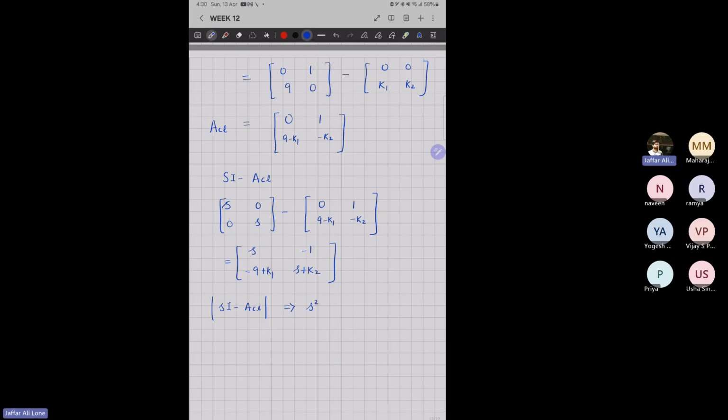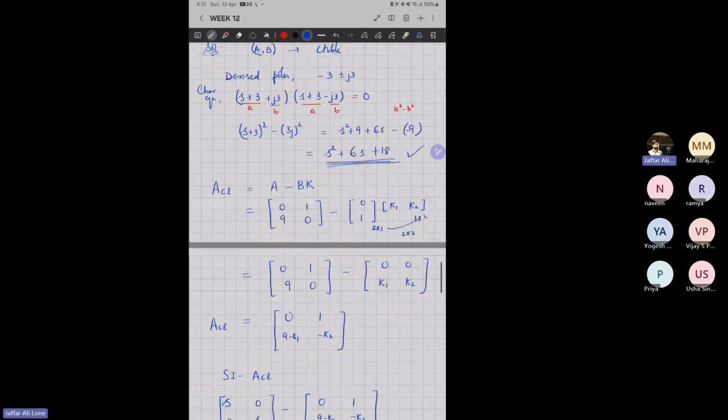It will be S square plus K2S, minus into minus plus, so it will be minus 9 plus K1. So it should be equal to S square plus K2S plus K1 minus 9. Is it clear? So this is what I got from a closed loop.